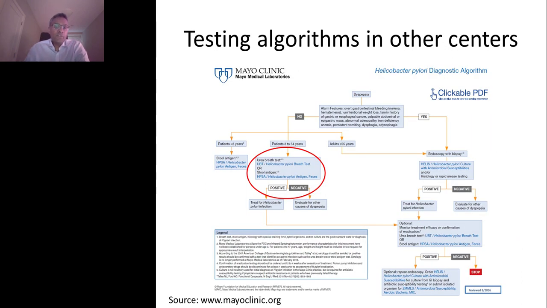We turn to laboratories with similar patient populations and similar volumes. And here at the Mayo Clinic, we see circled in red that for patients without red flag symptoms between the ages of 3 to 54, either the urea breath test or the stool antigen test is used to screen for H. pylori.